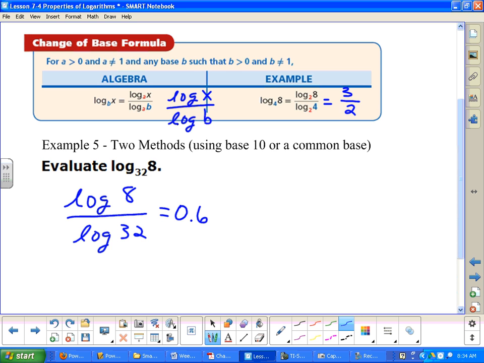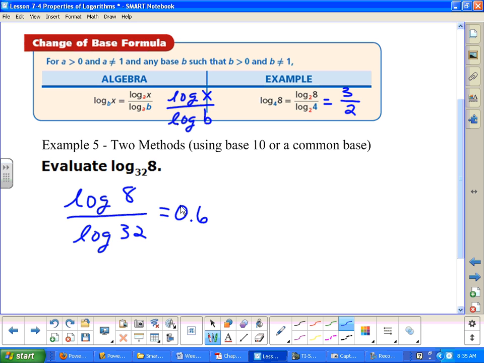Okay. Now, the other thing we can do is use a common base, a base that works for both these numbers. So what base has exponents that equal 8 and 32? If I raise something to a power, it equals 8. If I raise that same thing to a different power, it equals 32. What number would that be? Can I do 4 to a power and get 8? Is 4 squared 8? No, it's 16, right? Okay. Can I do 2 to a power and get 8?